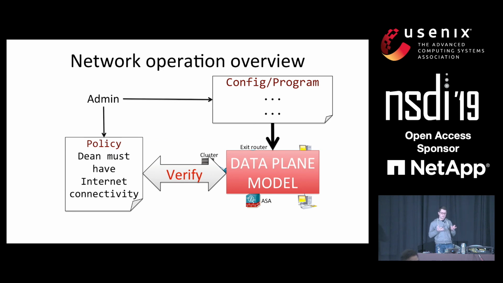So the config/program could be either a traditional, fixed function router or switch, in which case you'll get a FIB out of it, and then you take the FIB and you translate it to something that you can reason about. Or you can have a programmable switch, which is a P4 program, or you can think about a middlebox implemented in C, right? And that could be either stateless, in which case it's easier to verify, right?